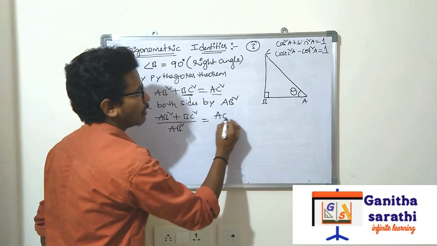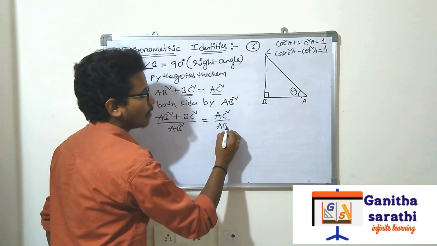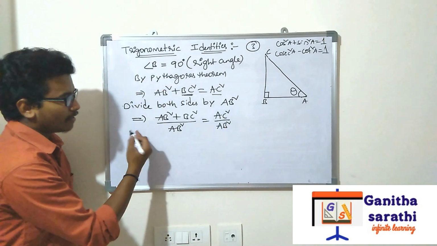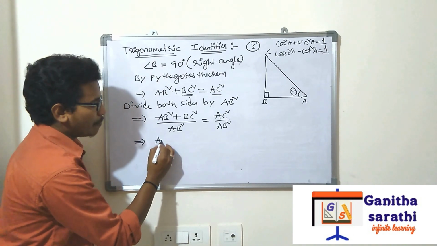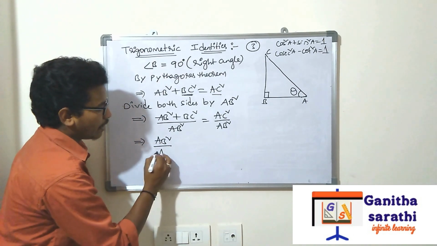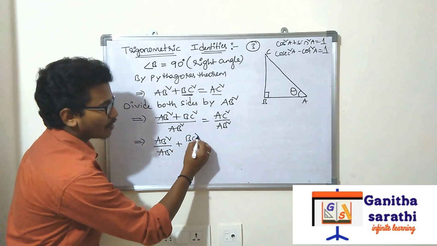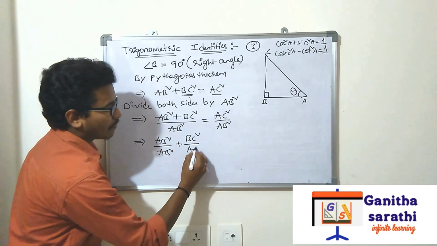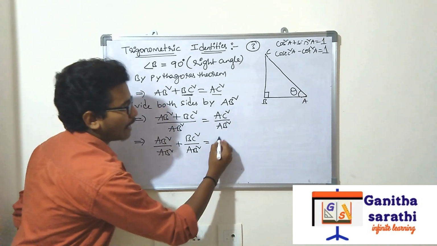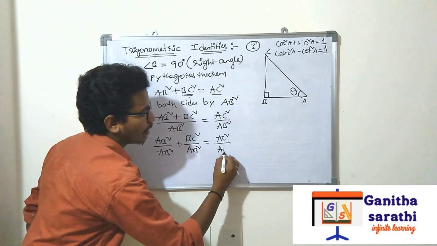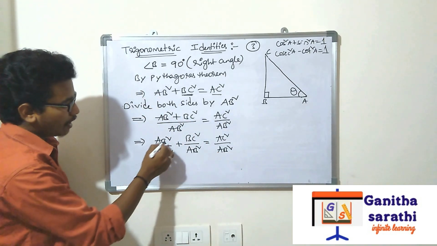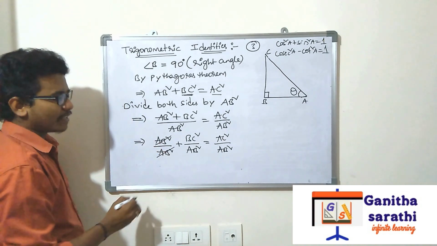Is equal to AC square by AB square. Okay, again separate that one. AB square by AB square plus BC square by AB square is equal to AC square by AB square. Now AB square and AB square get cancelled, right?